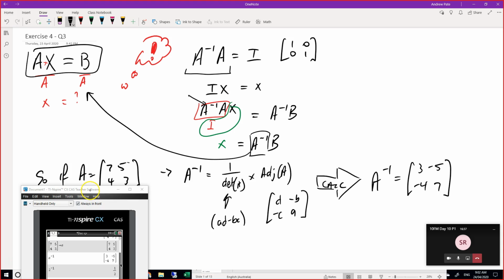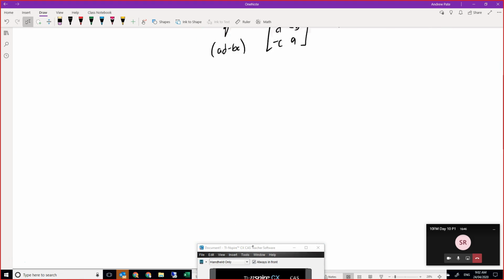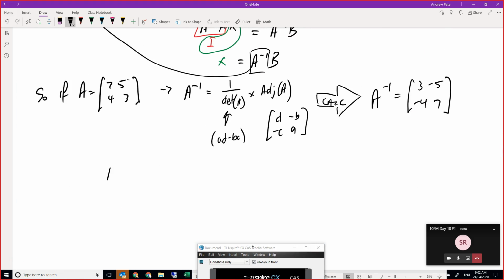That's basically what we're trying to find out. So we found out what the inverse of A is. Let's write these things down again. We know that A is 7, 5, 4, and 3. And we know that the inverse of A is 3, -5, -4, and 7.